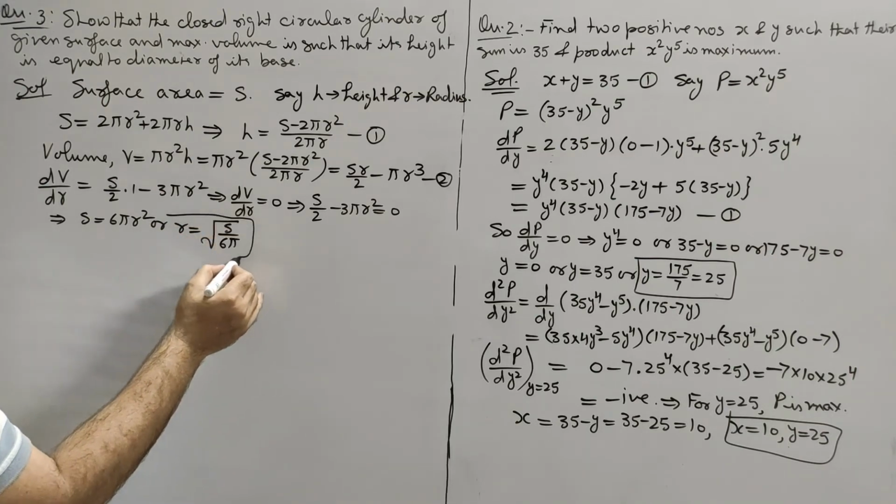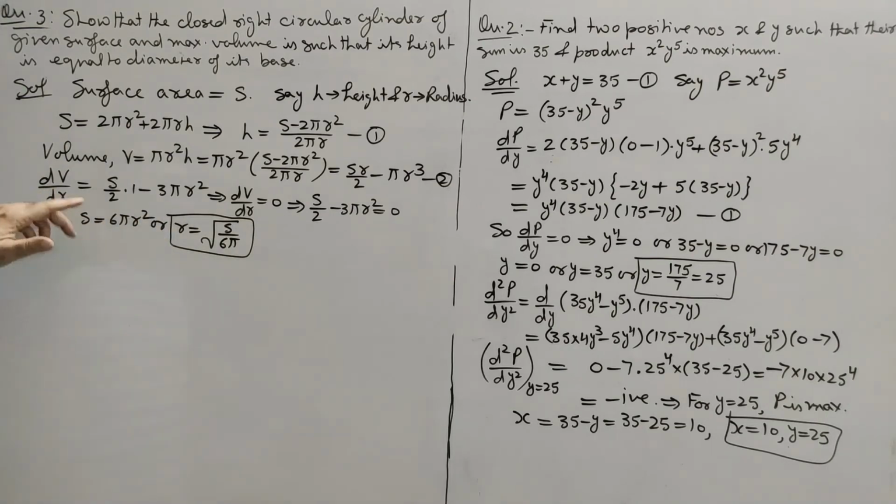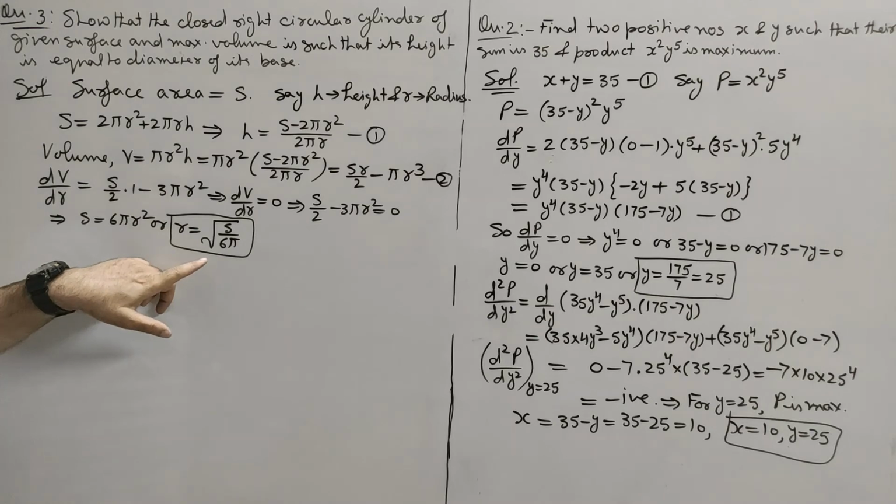So it will be the value of r for which volume of cylinder will either be maximum or minimum.